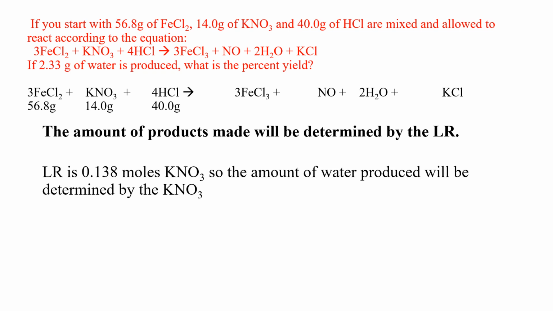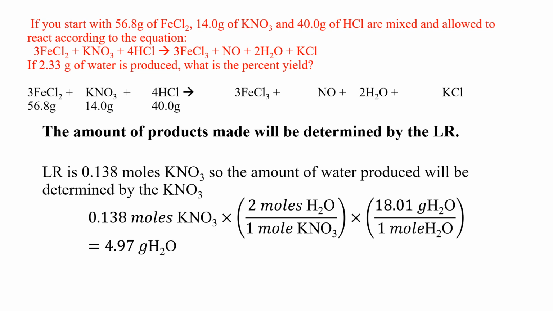So since the limiting reagent is potassium nitrate, the amount of water produced will be determined by the potassium nitrate as well. So 0.138 moles of potassium nitrate multiplied by the mole ratio between water and potassium nitrate and multiplied by the molar mass of water will give me 4.97 grams of water produced.